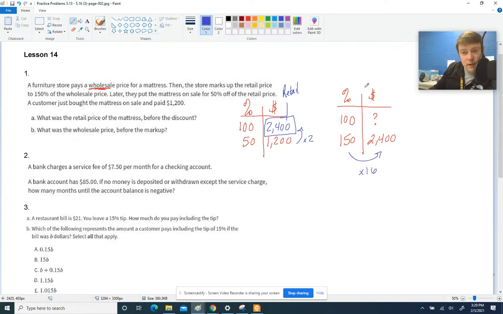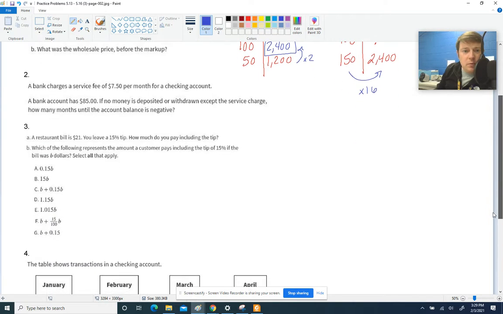Which means that this particular store, if we multiply the 100 times 16, they got that at wholesale before their markup at $1,600. So they actually ended up selling that thing for less than what they bought it for. They lost money on that mattress. So your answer for part B is 1,600 and A was 2,400, that was the retail price. Those are your answers for that one.